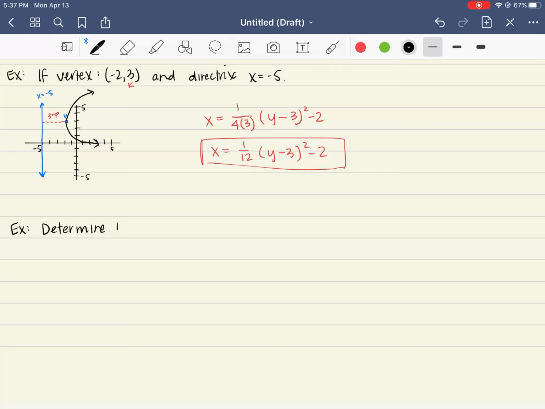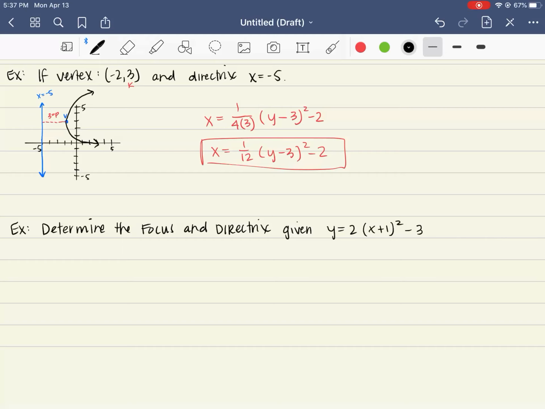So this one, let's determine the focus and directrix, given the equation y is equal to 2(x plus 1) squared minus 3.